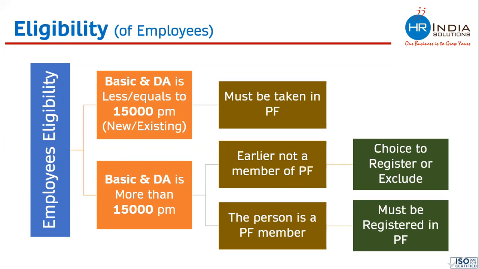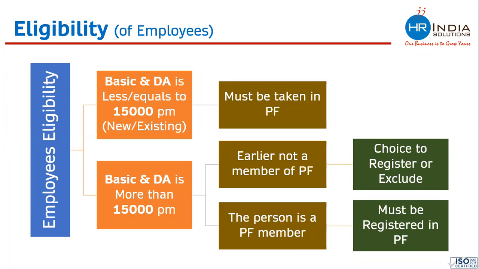This is an excellent question. Normally employees do not declare in case they want to remain out of provident fund. Nowadays, everybody has got UAN. UAN is a unique number which is linked to Aadhaar.